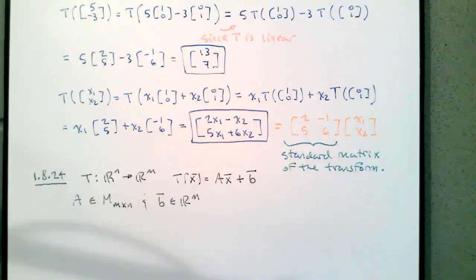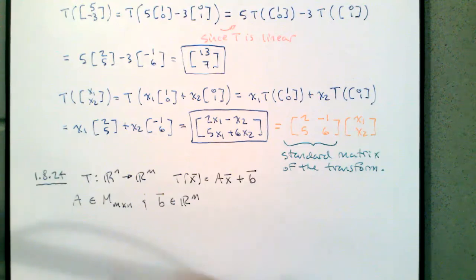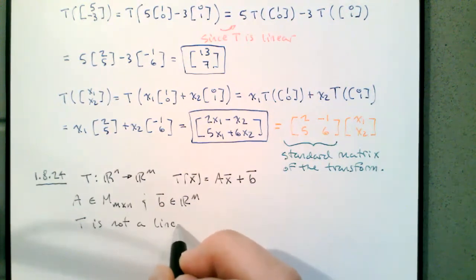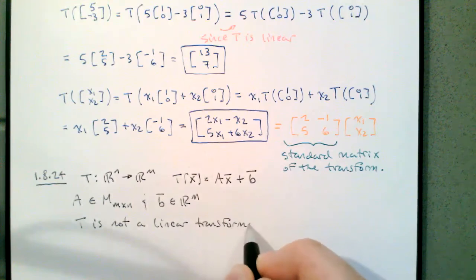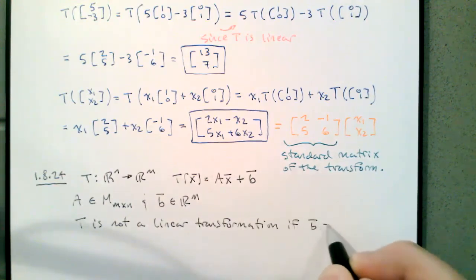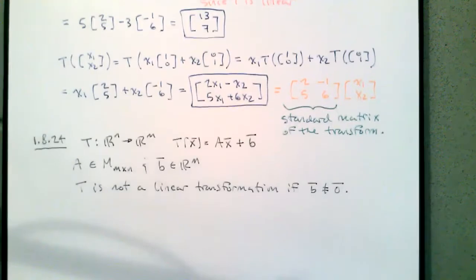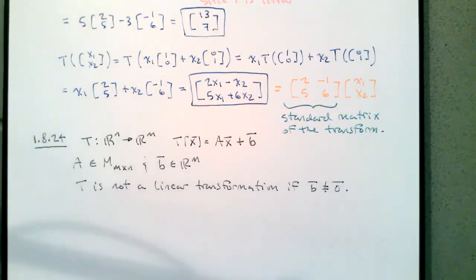All right. We want to show that T is not a linear transformation if b is not 0. So here's what we're going to use.